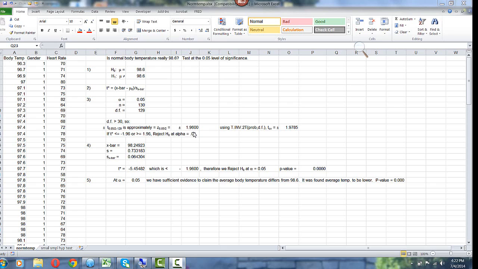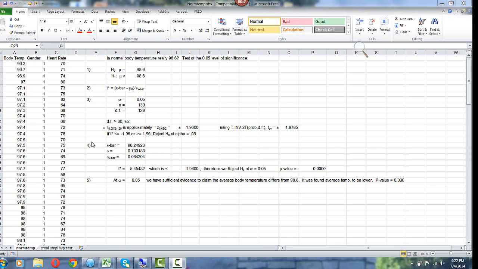So let's assume we don't have Excel, and so we have this statement here. That's our decision rule: if t star is less than or equal to minus 1.96 or greater than or equal to a positive 1.96, reject h naught at an alpha of 0.05.